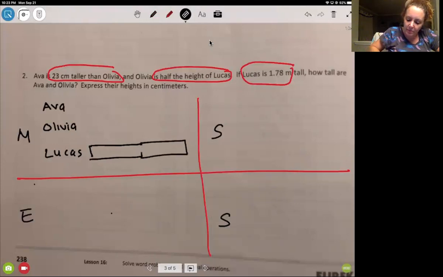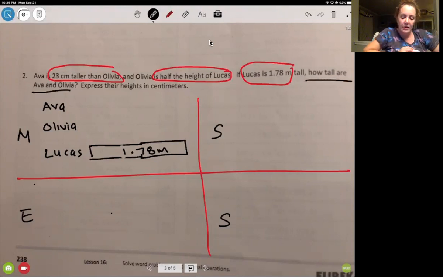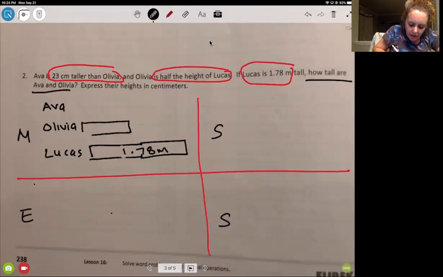So if I just combine those two together, it was 1 7/800 meters. Our question, how tall are Ava and Olivia? So if we work backwards, Olivia is half the height of Lucas. So she's going to go to about here.